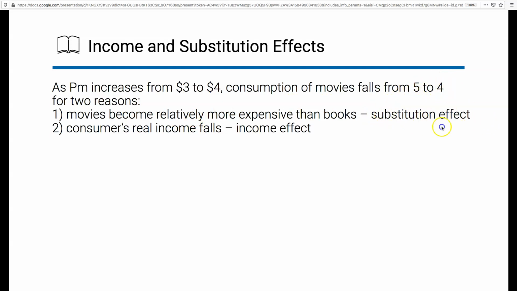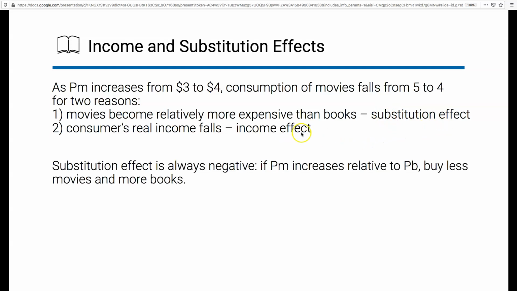The substitution effect simply says that you should be consuming less because movies are relatively more expensive. The income effect simply says that you should be consuming more or less depending on whether movies are a normal or an inferior good. In this respect, the substitution effect is always negative.